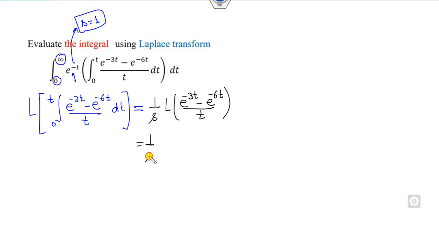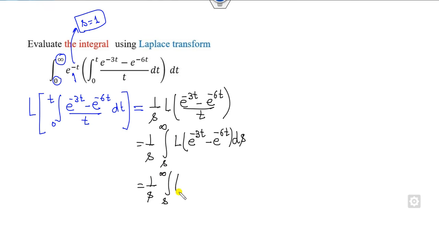Now what is the rule for the Laplace of a function divided by t? It is the integration from s to infinity of the Laplace of the remaining thing. So the integral of 1 over s plus 3 minus 1 over s plus 6 ds, from s to infinity.